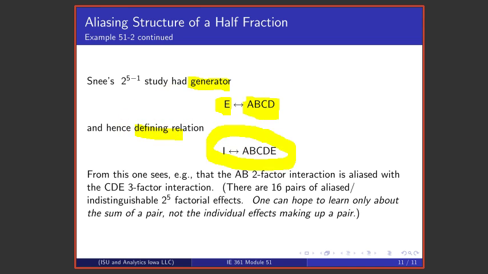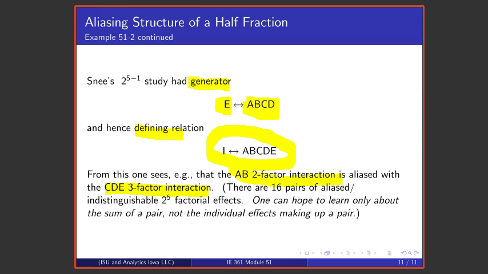Then starting from that, for example, multiplying both sides by AB, one sees that the AB two-factor interaction in Snee's study was aliased with a CDE three-factor interaction.